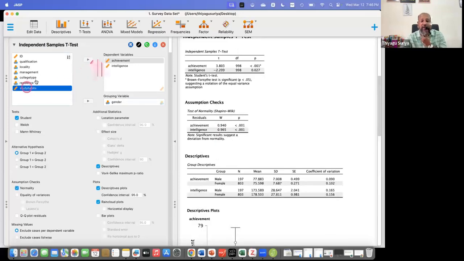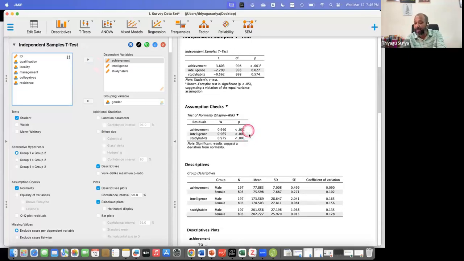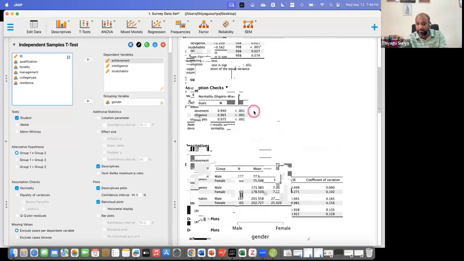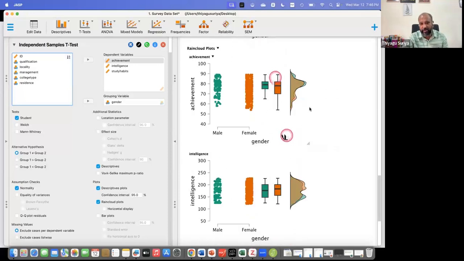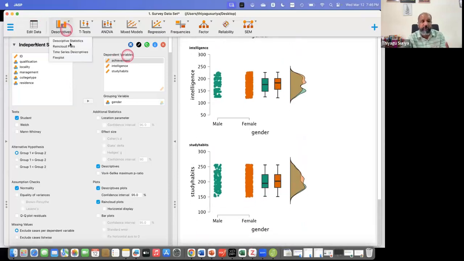When you go to intelligence, it's also non-normal, and study habits also non-normal. So all 3 variables do not satisfy normality according to the statistical procedure. But when you go with the graphic representation, it somewhat satisfies normality. If you want to cross-check, go to the descriptive statistics, keep study habits, achievement, and intelligence, and check with this.